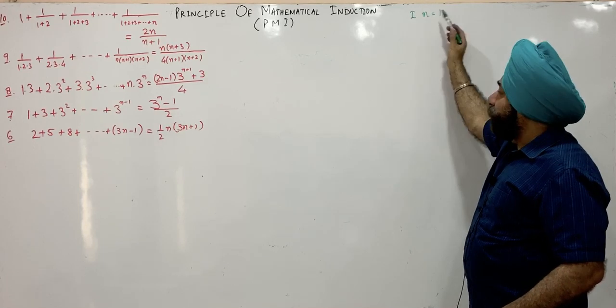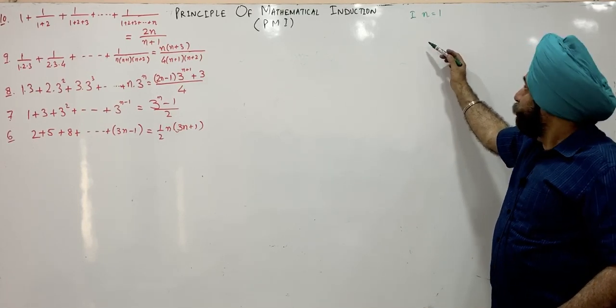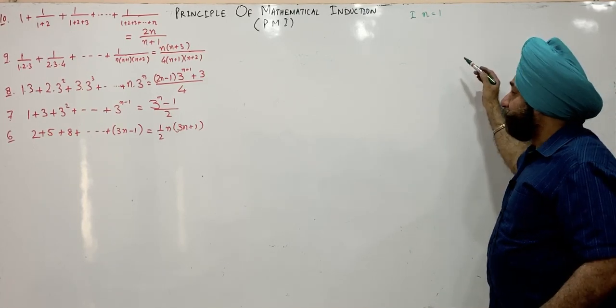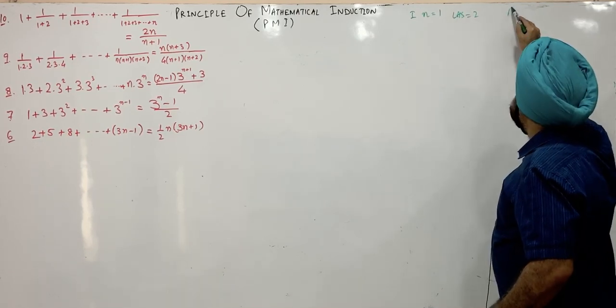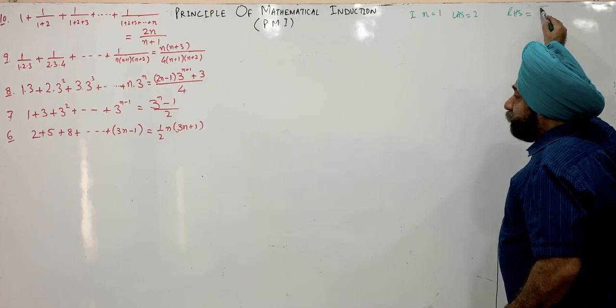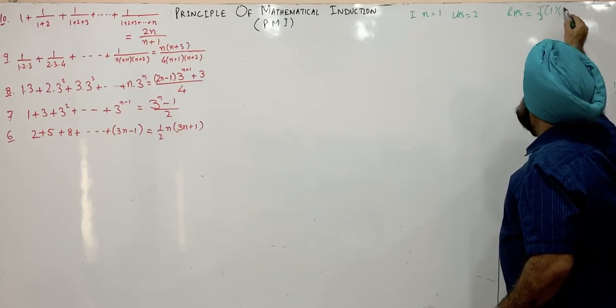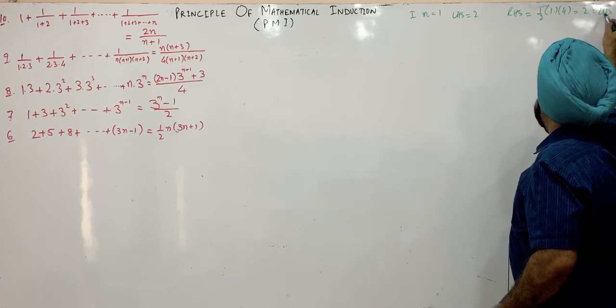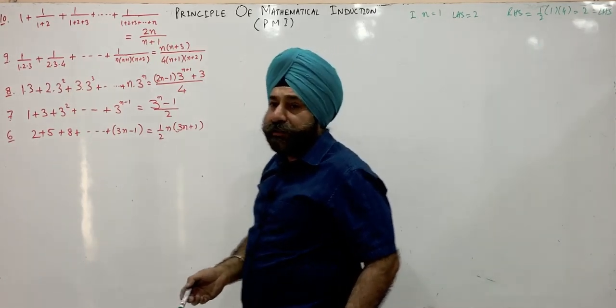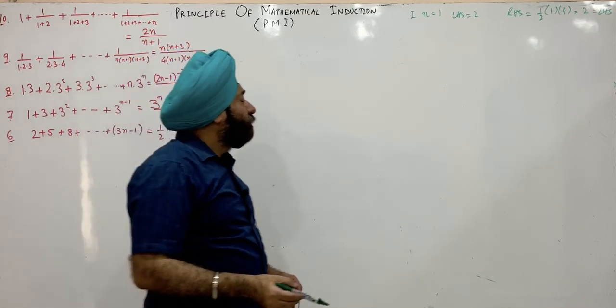Left hand side, that will be first term 2, right hand side, we put n is equal to 1. This will be 3 plus 1, 4, so this is 2, same as the left hand side. Therefore the result is true for n is equal to 1.